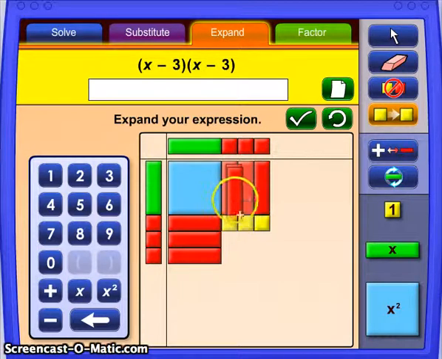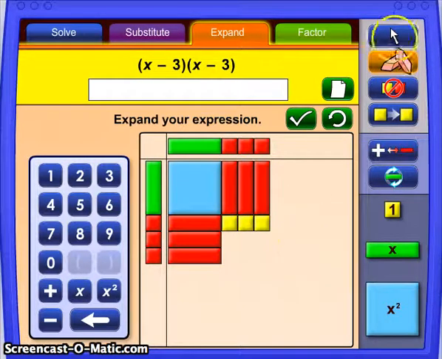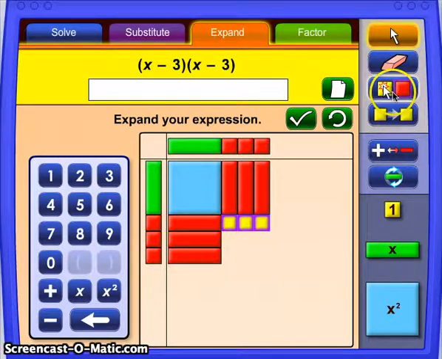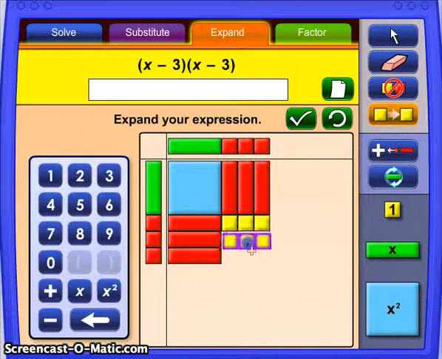Okay, so let's say you accidentally clicked on the wrong tile. You can go on the eraser. I'm going to undo what I just did. Alright, so back to duplicating. I'm going to highlight this. And duplicate it. And so I'm going to drag it down. And one more time. Okay.